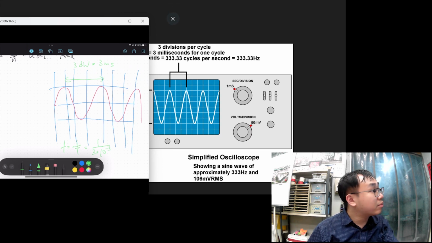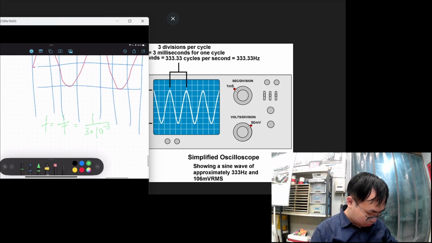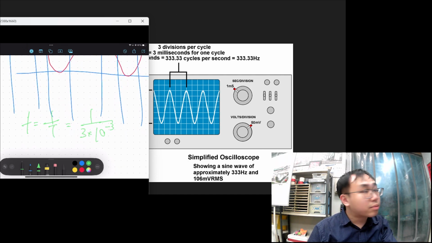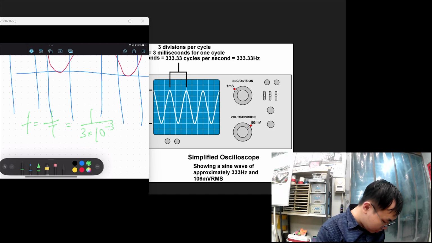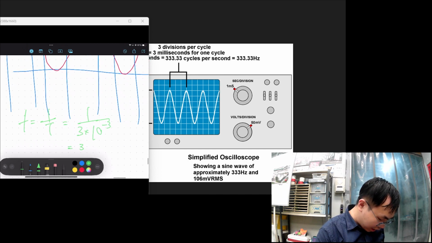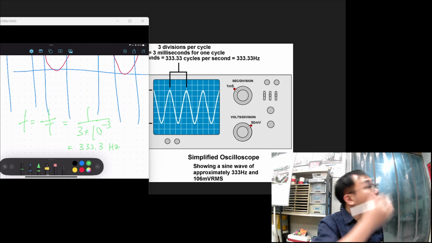So by doing some easy calculations, that's why you have to bring your calculator. If you don't have your calculator, just borrow from others, okay? Which is approximately 333 hertz. Okay, this is how you do the calculation.